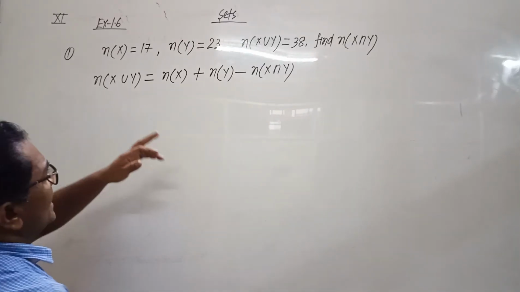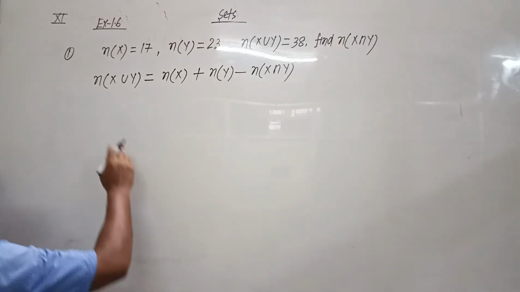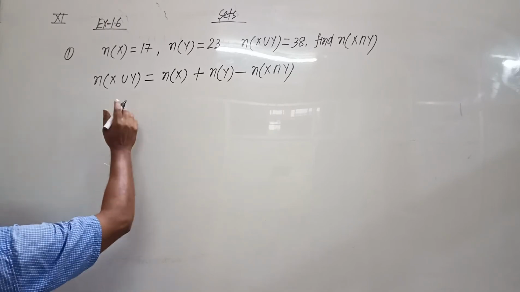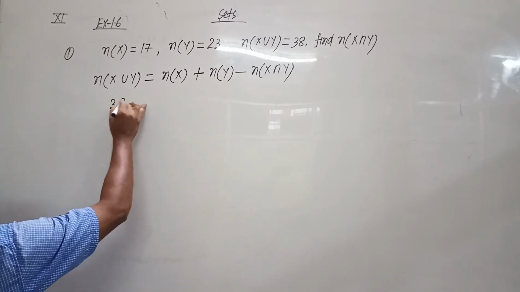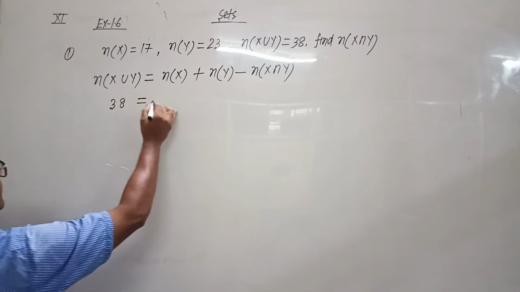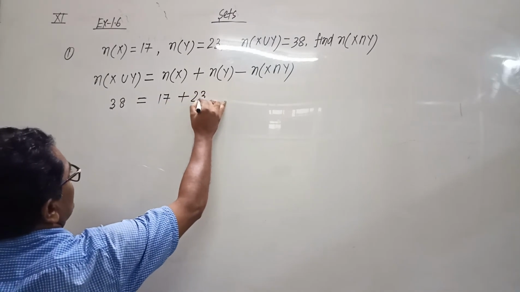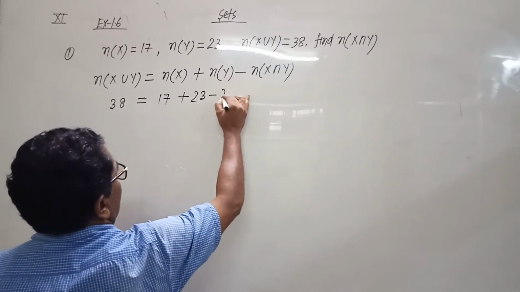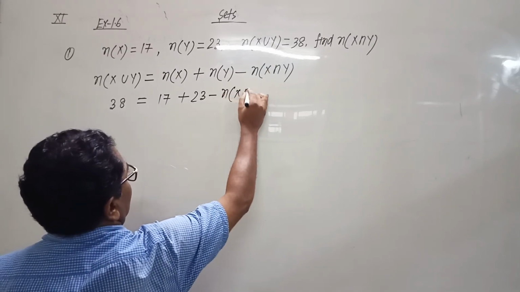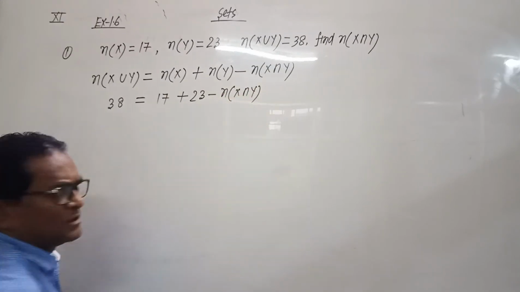We have to find n(X ∩ Y), and n(X ∪ Y) is given as 38, n(X) is 17, n(Y) is 23, and minus n(X ∩ Y) as it is.